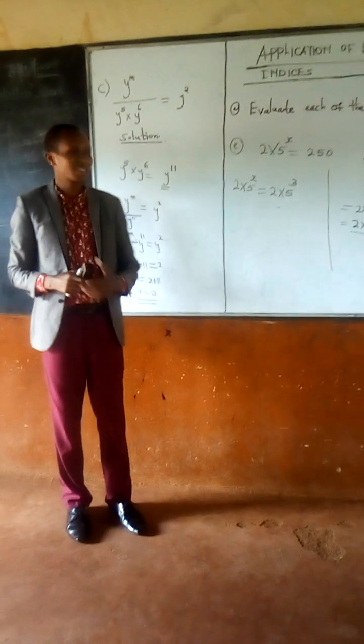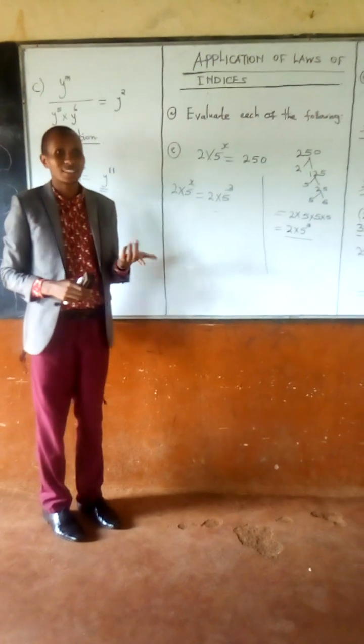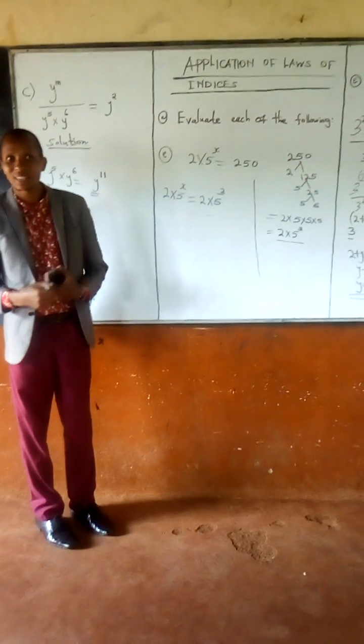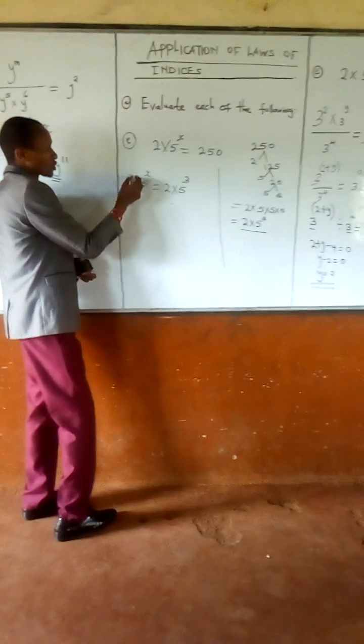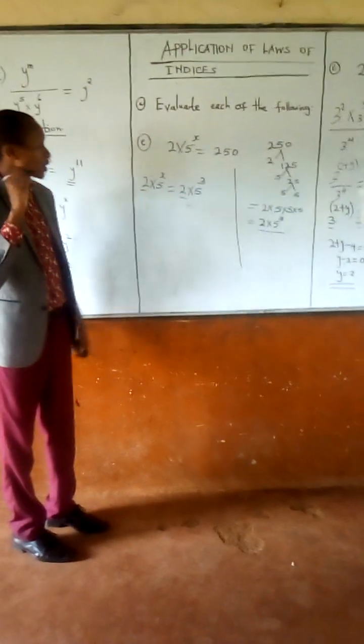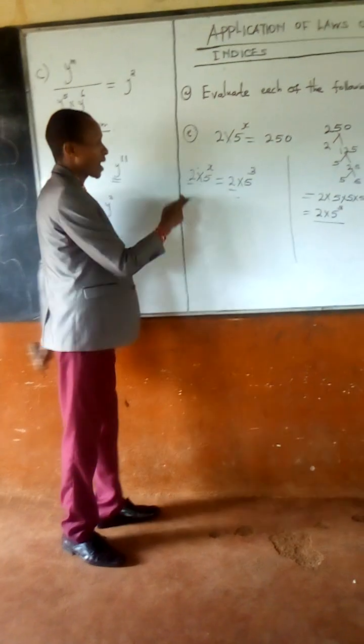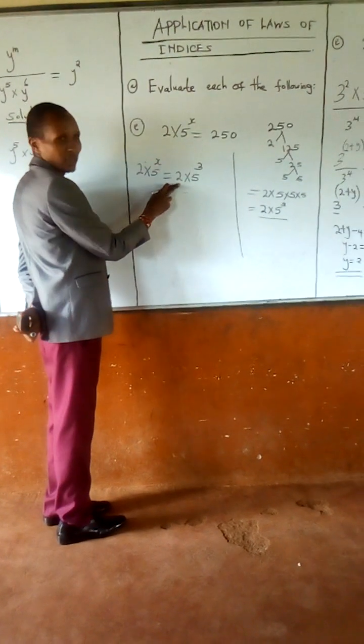Now, let me give you the secret here. As you can see, we have 2 here and 2 on that other side. And what we are after is the value of x. So don't waste time with these 2 and 2.